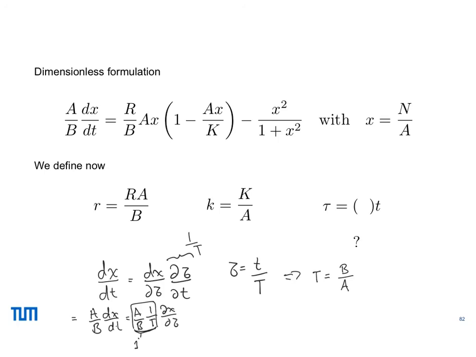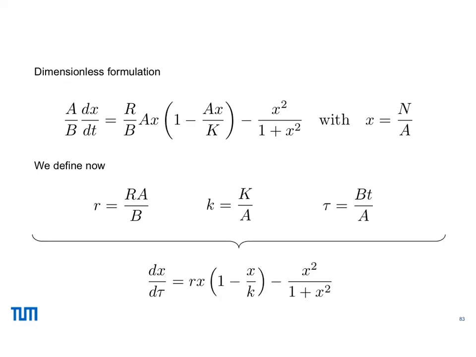Sorry, actually is a over b. Okay, so far then we have obtained a dimensionless equation describing this outbreak of the worms on the fir trees. So this is the outcome of this analysis.